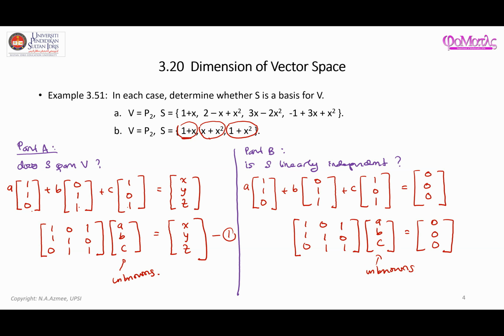Now, judging from these two parts, part A and part B, I can see we have three unknowns and three equations.